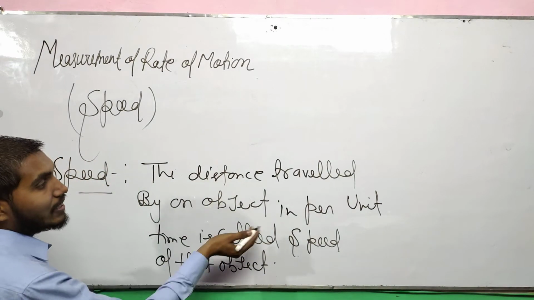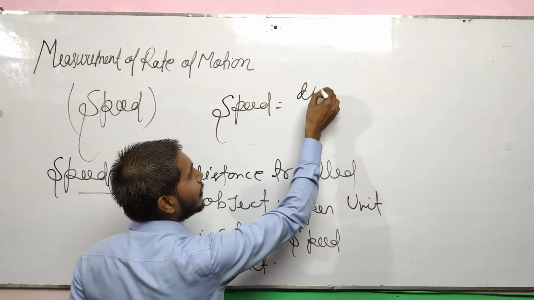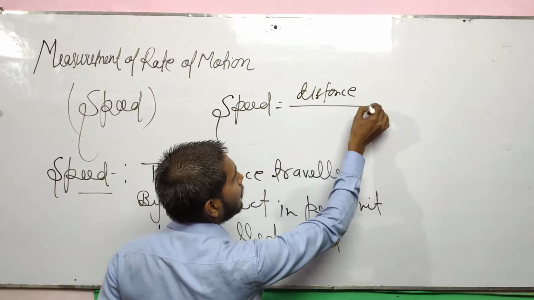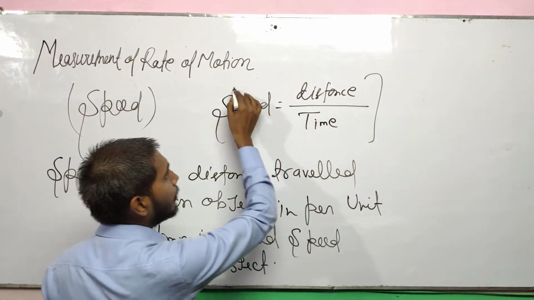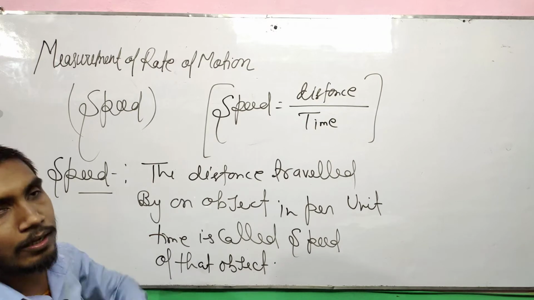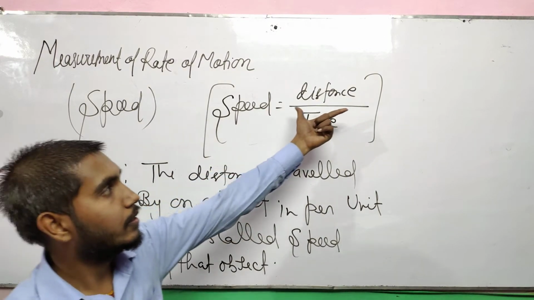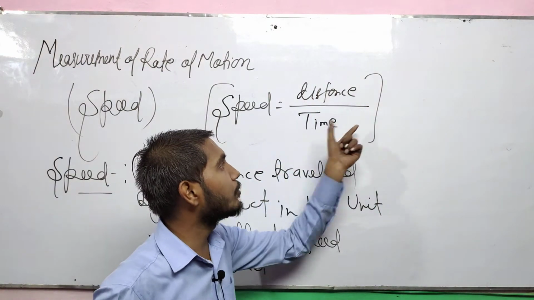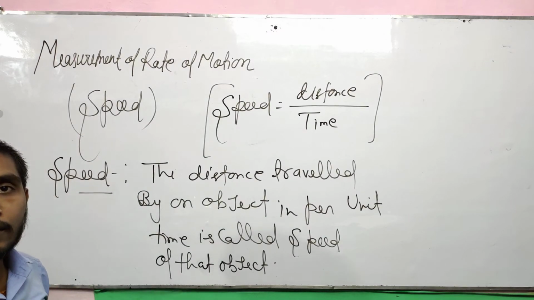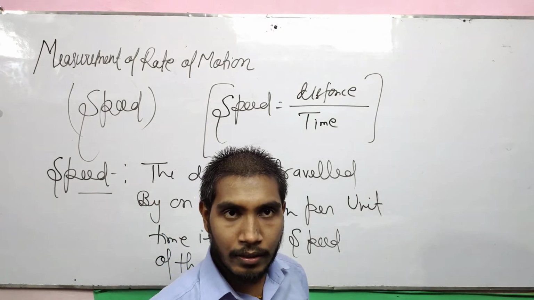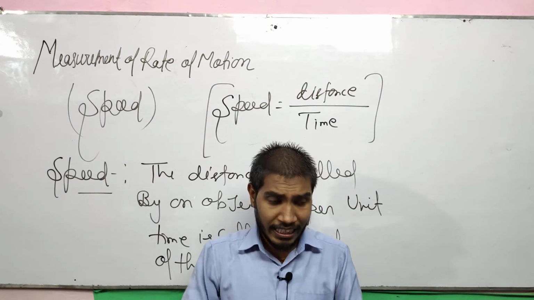So, what is the formula of speed? Distance upon time. This is the formula. The distance traveled by an object in per unit time is called speed. Understood? The distance that I cover in per unit time is my speed.